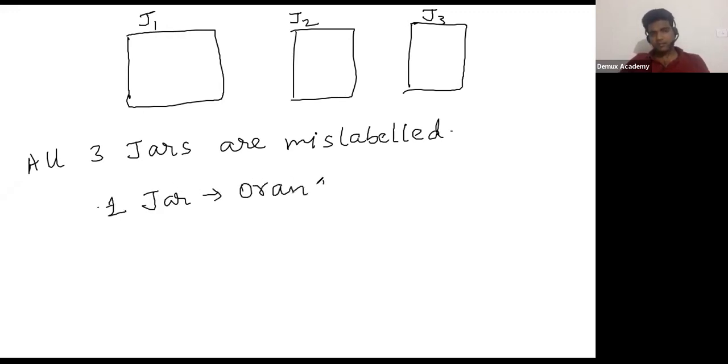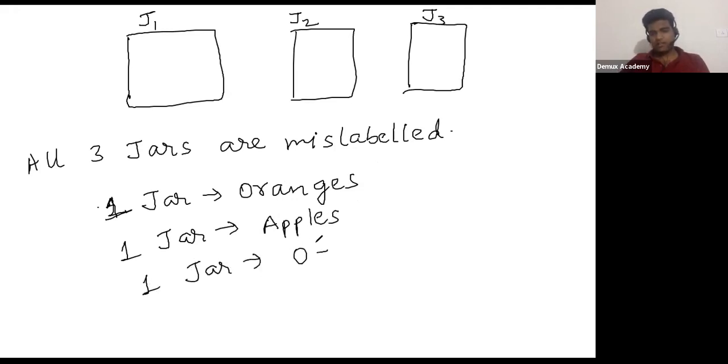So it's the time of coronavirus, and oranges are an important supplement in your diet for vitamin C. So one jar, your mom filled it with oranges, let's say. Then another jar was filled with apples. And one more jar is filled with oranges plus apples. So it's a mixed jar.